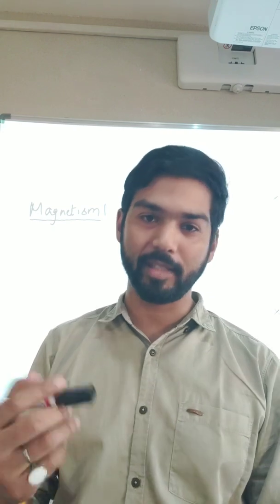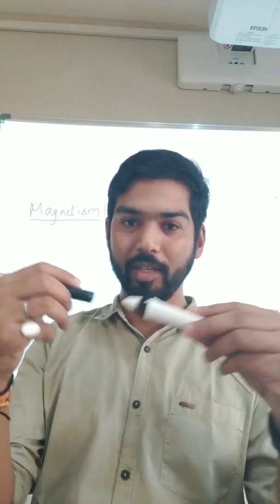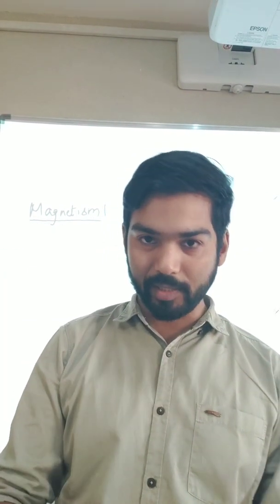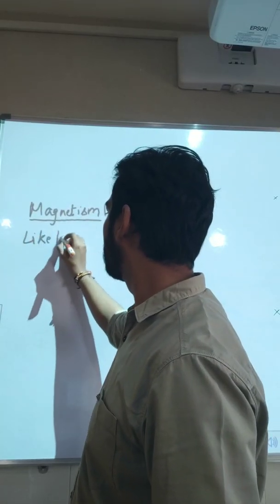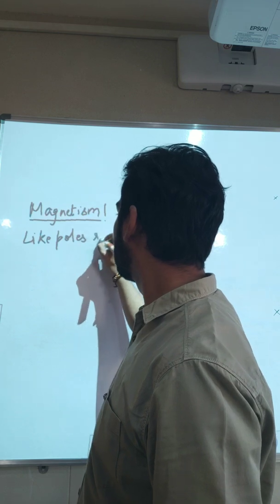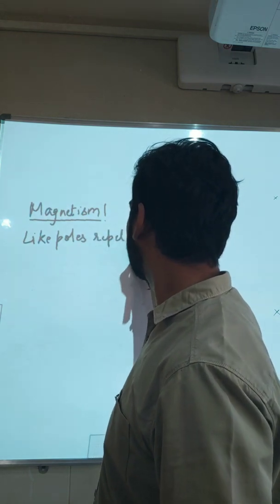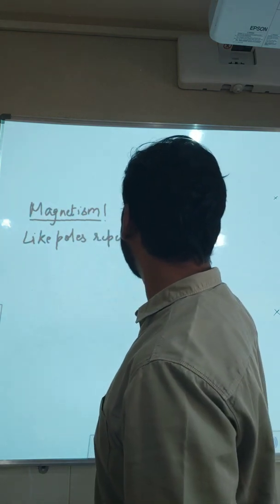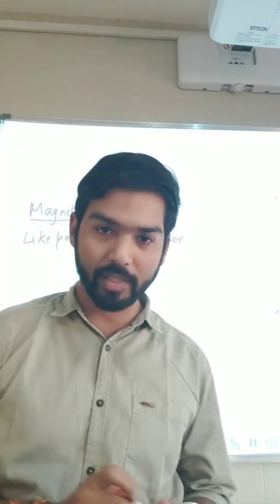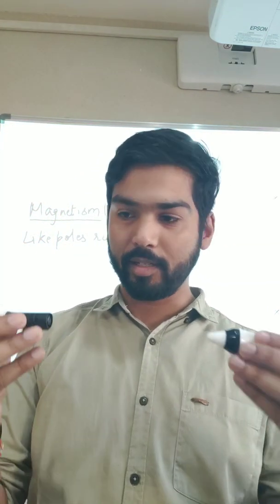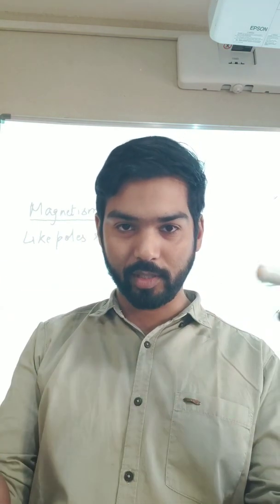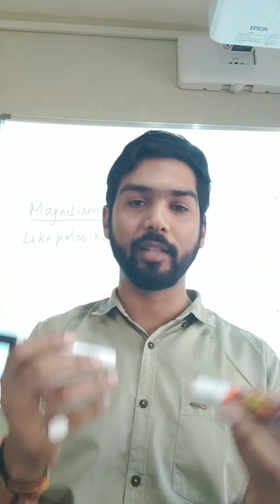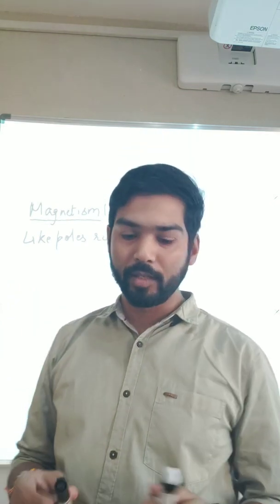There are playing magnets that you can buy from the market, and then you can do this little experiment and you will see that like poles repel each other. And obviously I don't think I have to explain that if north pole and north pole are repelling each other, the south pole and the south pole will also repel each other. I mean, that's kind of obvious, right?